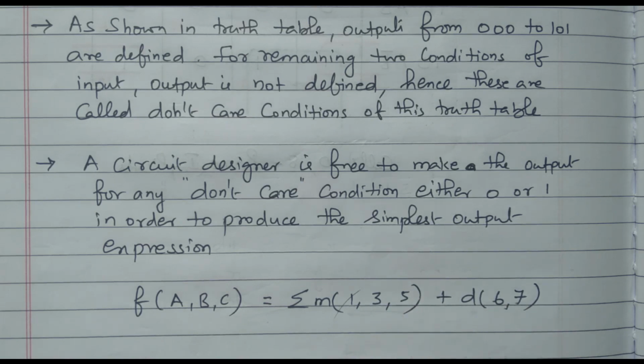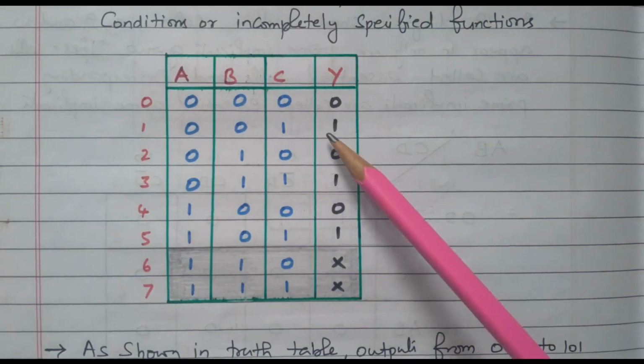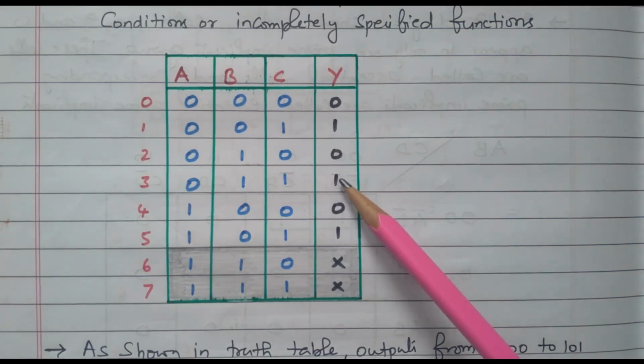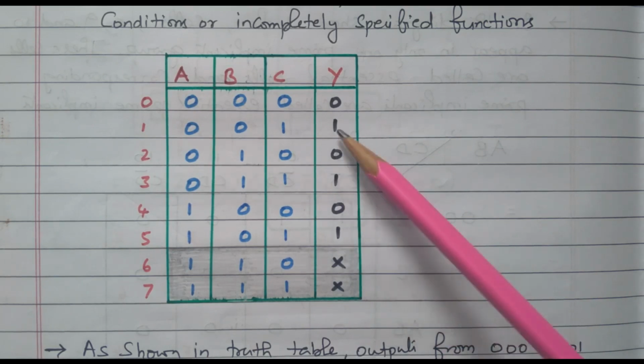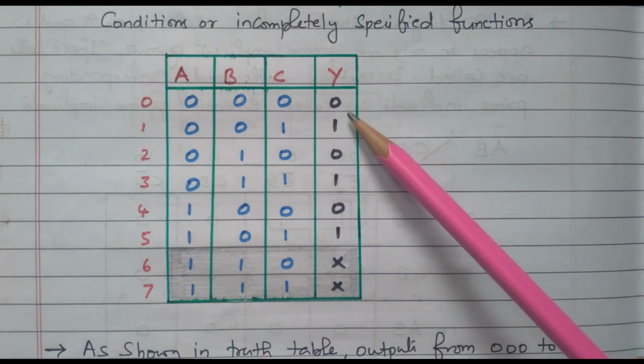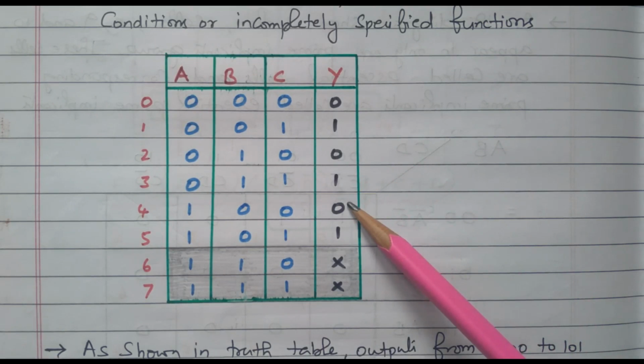Now we'll refer to the truth table. See, 1, 3 and 5 have the high level. The terms 0, 2, 4 do not have the high level, so they are not given in the Boolean expression.